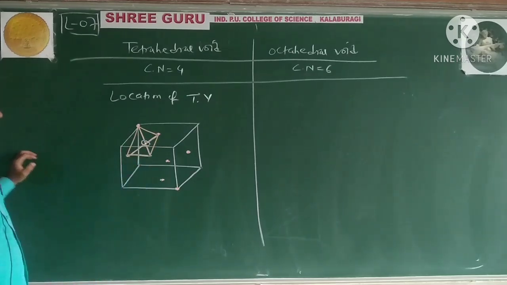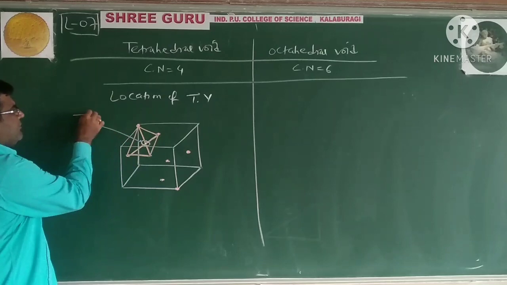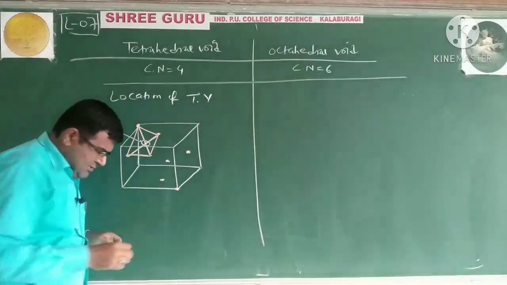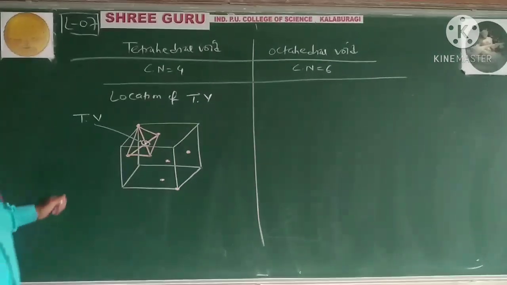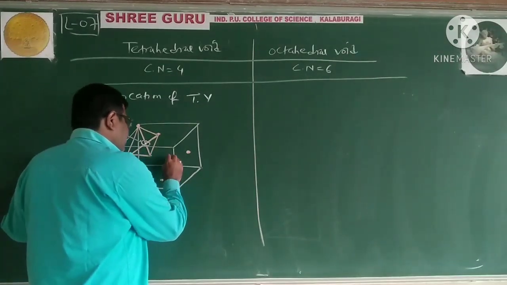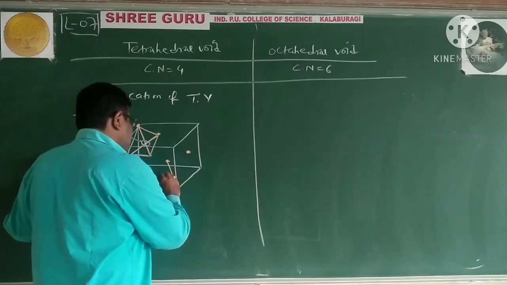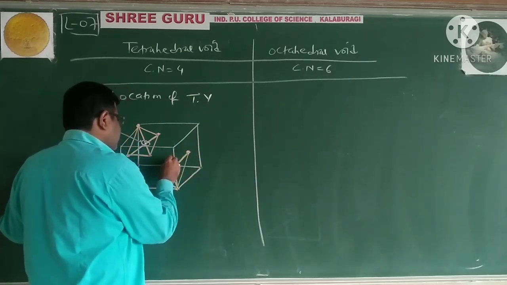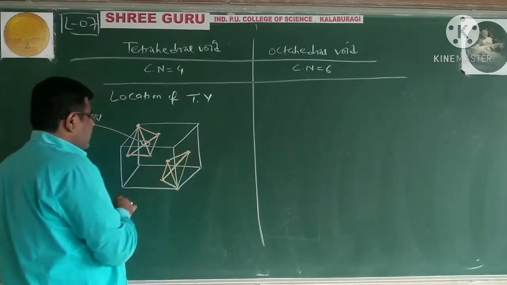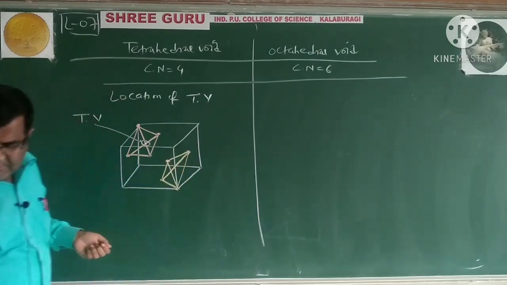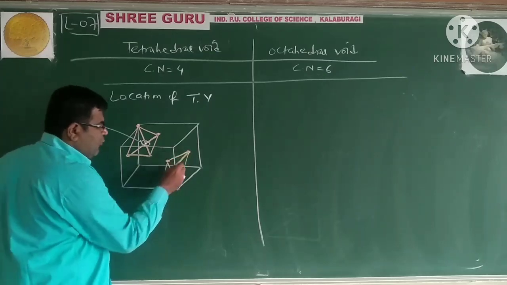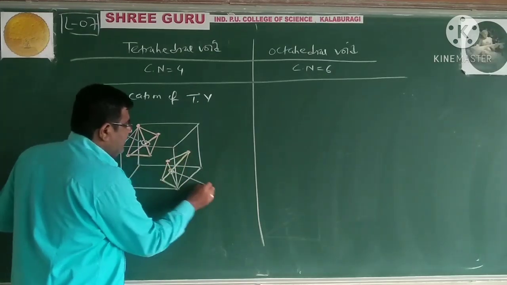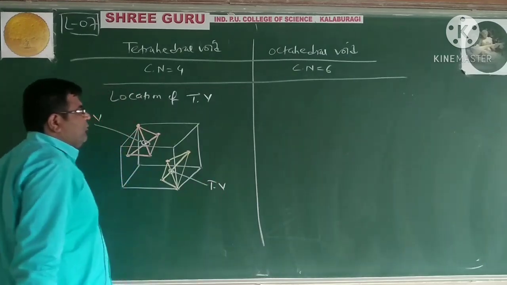This void is called tetrahedral. The same thing is here also, the same for the rear particle also. So around these four particles, this void is created. That's why this is called tetrahedral.